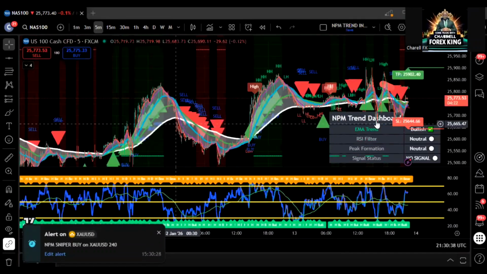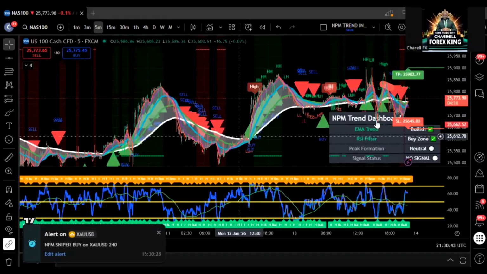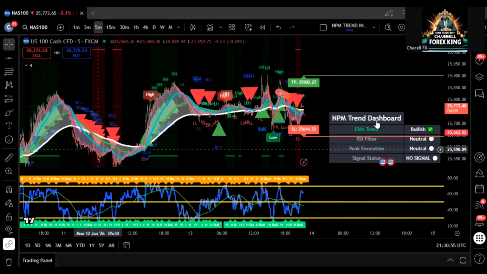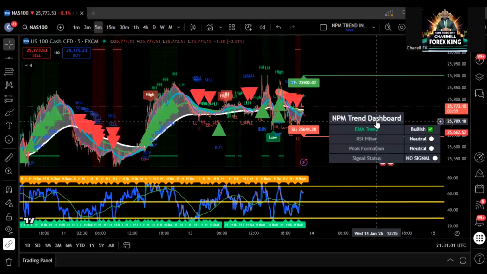So I would suggest you go by that buy trend or sell trend. When you're above the EMAs, you're in a buy trend. When you're below the EMAs, you're in a sell trend, as you can see. So this NPM Trend Dashboard lets you know to buy or sell. It gives you that indication.